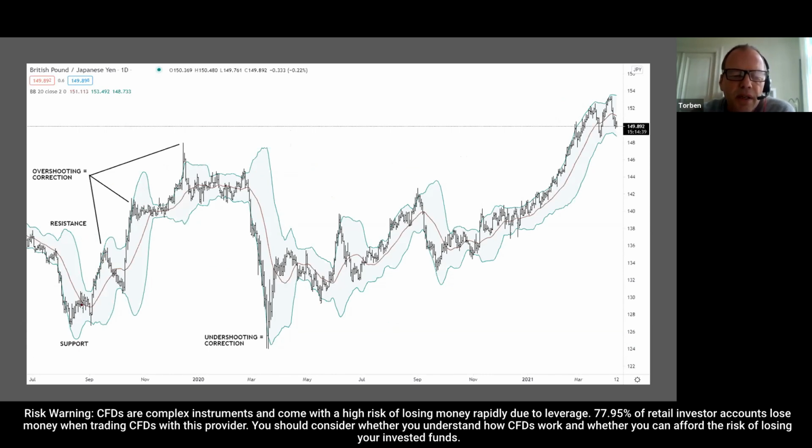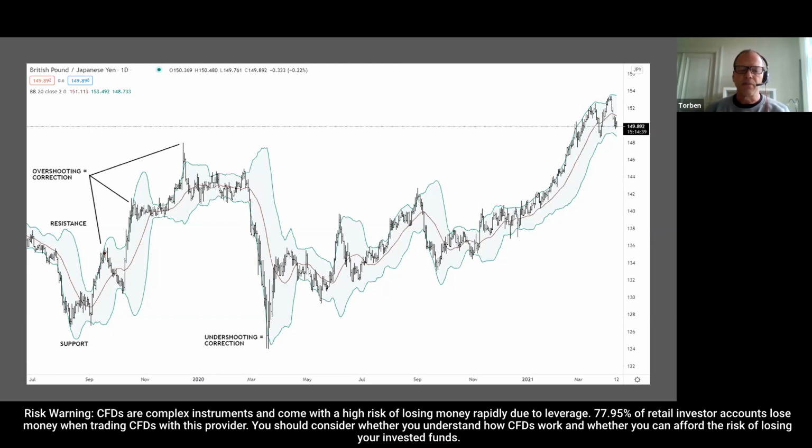And in a market where you see the Bollinger Band, if it's the upper or the lower, doesn't matter. But when you have a close outside the band, either on the upside or the downside, the first close you have inside the band again is a signal that now you're going into some kind of correction. It doesn't have to be a big correction.